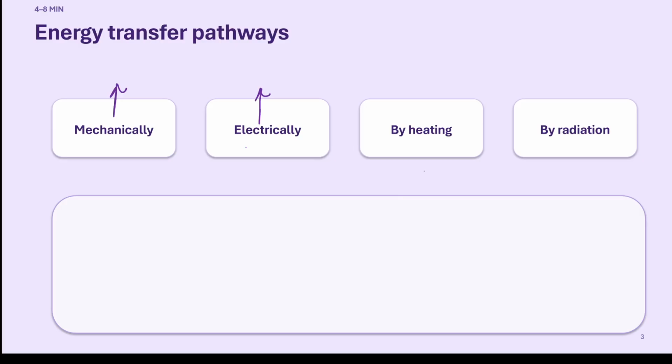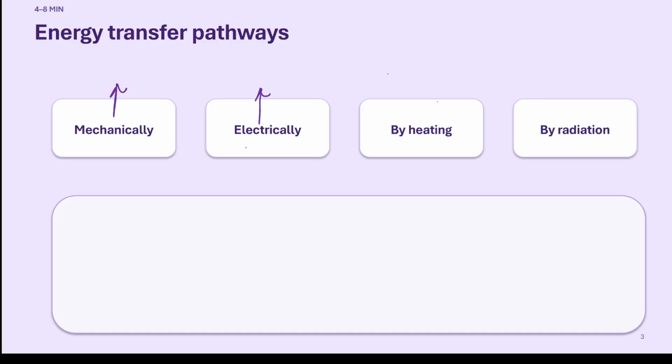Sometimes you are burning a fuel and you heat something, let's say when you're doing a barbecue. At that time, how does the chemical energy store of the food increase? By heating. Then by radiation.